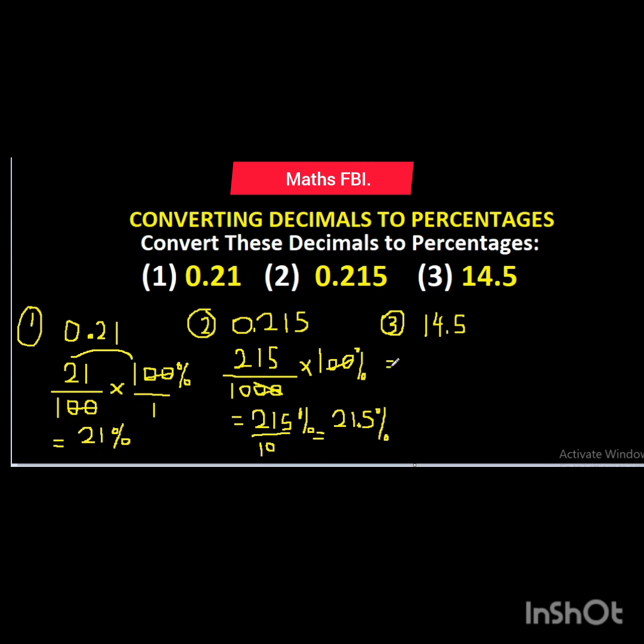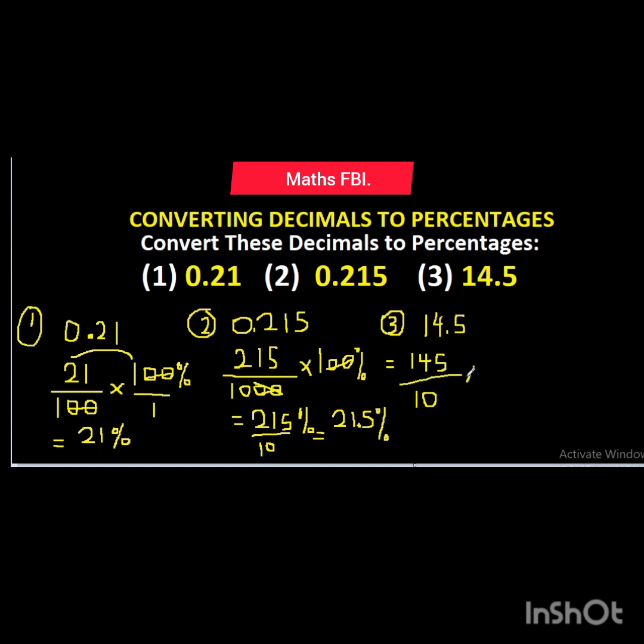First, you convert to a fraction to make it easier. That will be 145 tenths. You have only one digit after the decimal point, which means you have only one zero here. So 14.5 is 145 divided by 10.